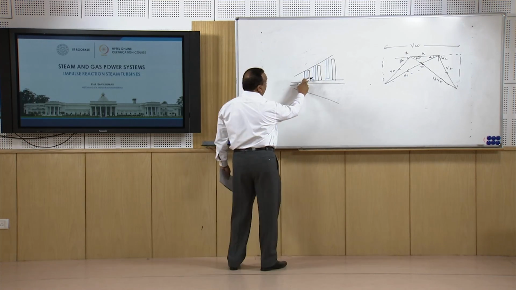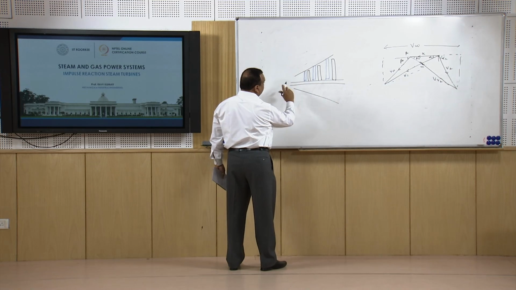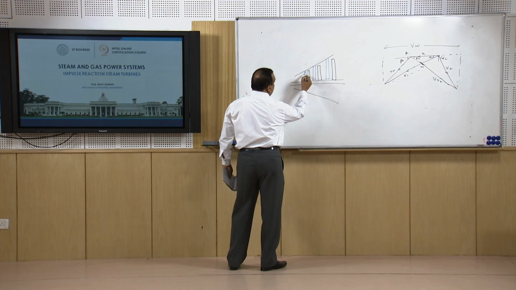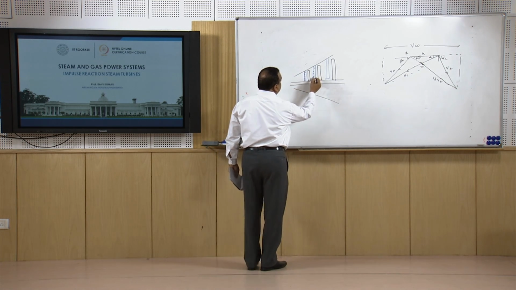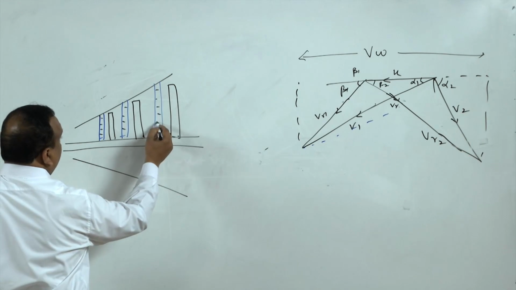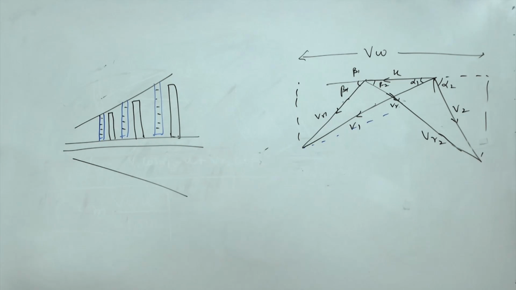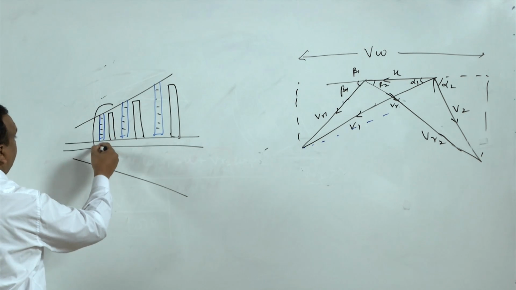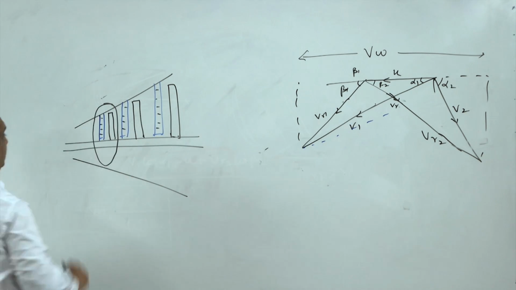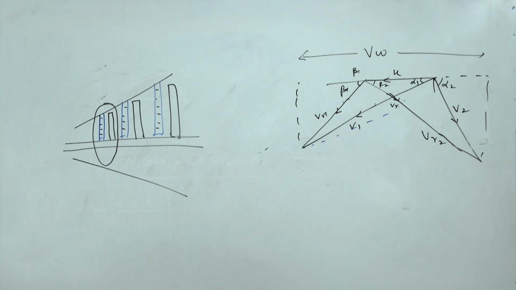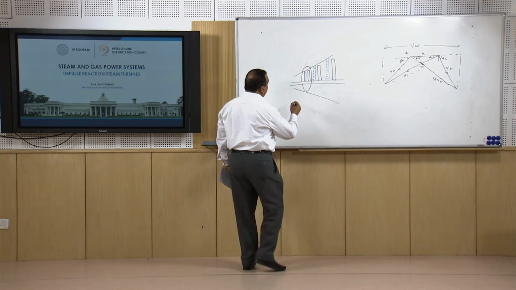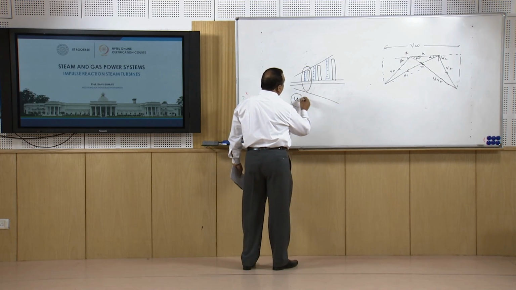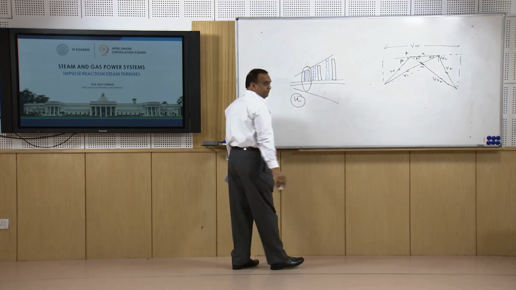Only the moving blades rotate in a particular direction, and nozzles are fixed in these blades, fixed blades. In fact, the fixed blade passages are treated as nozzles, and together these fixed and moving blade rows form one stage.